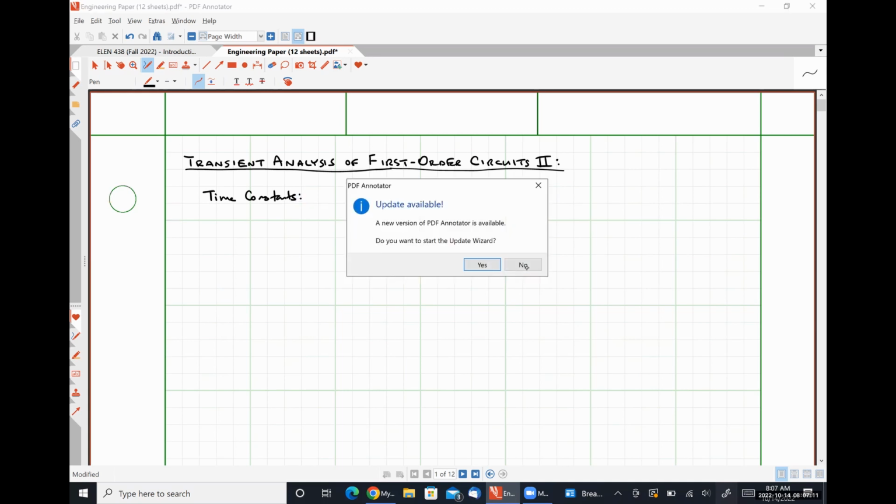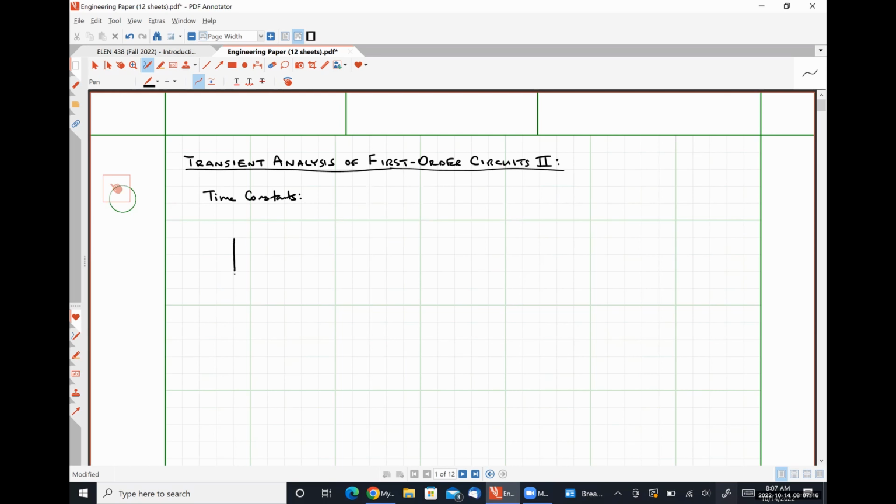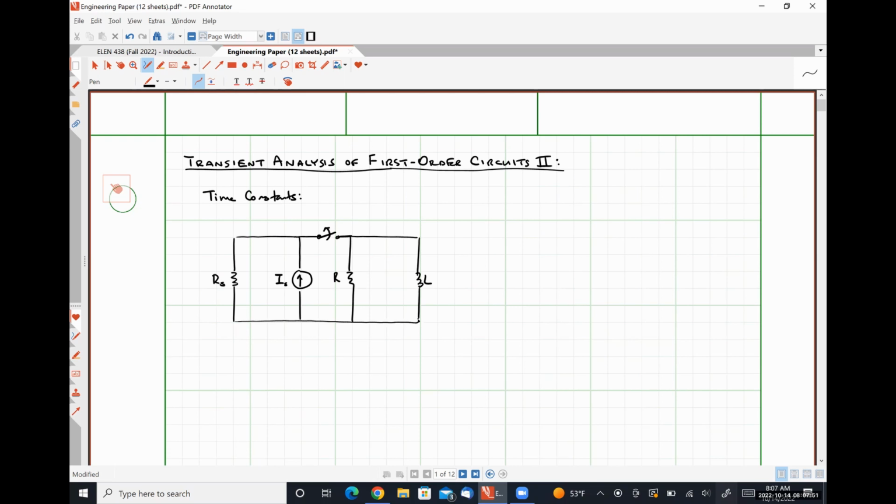So we learned that for a generic RL circuit, like so, let's define this to be IL, VL, VR, and IR.